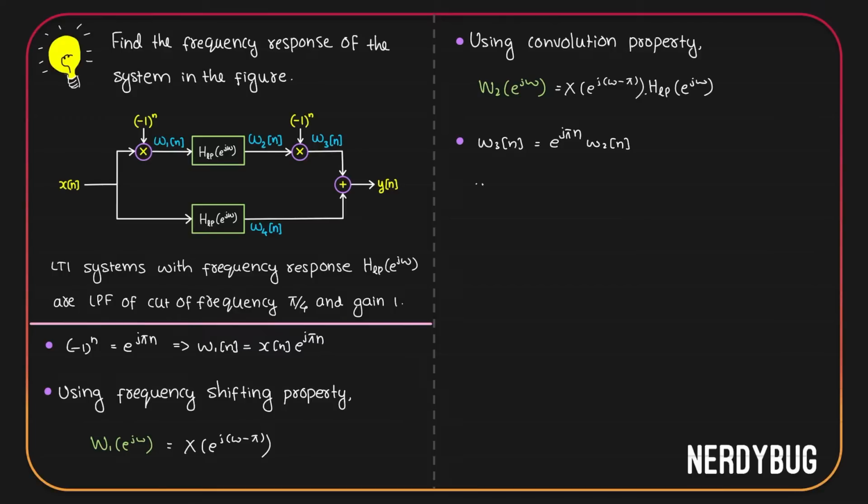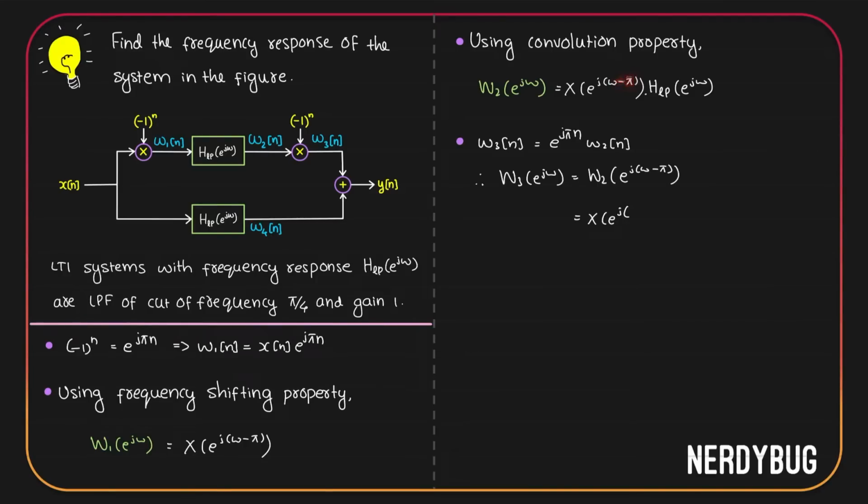So by using frequency shifting property, we can write w3 of e raised to j omega is going to be w2 of e raised to j omega minus pi. We already have w2 of e raised to j omega here. So to get w2 of e raised to j omega minus pi, we have to change all omegas into omega minus pi. Then this will become x of e raised to j, omega becomes omega minus pi.